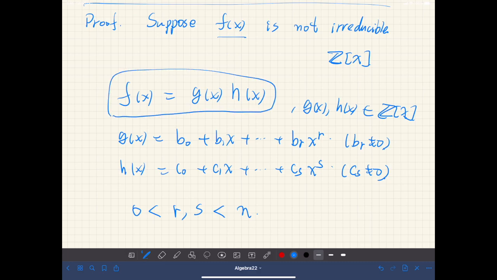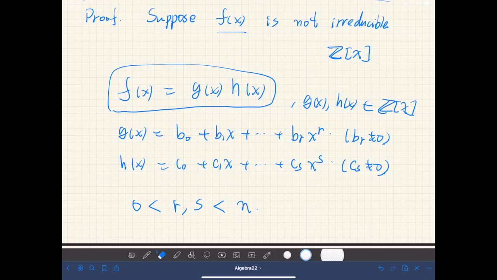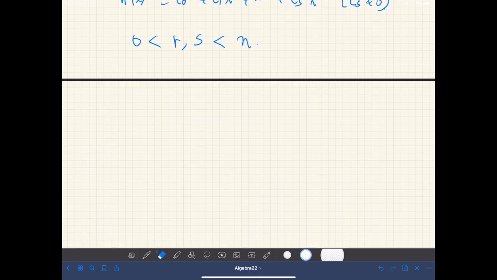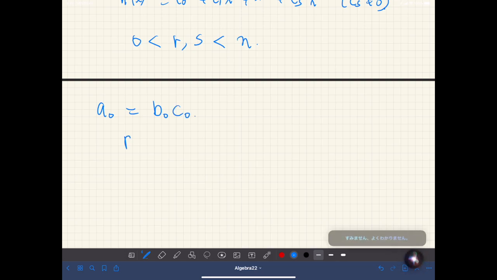This decomposition is possible. Now consider the coefficient a0, which is b0 times c0. Now, by assumption, p divides a0, therefore p divides b0 times c0. But since p is a prime, this implies p divides b0 or p divides c0.